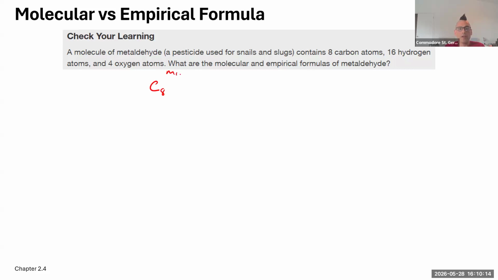So this is the molecular, and this is the empirical. C8H16O4. Empirical, so we divide everything by 4, that becomes C2H4O.